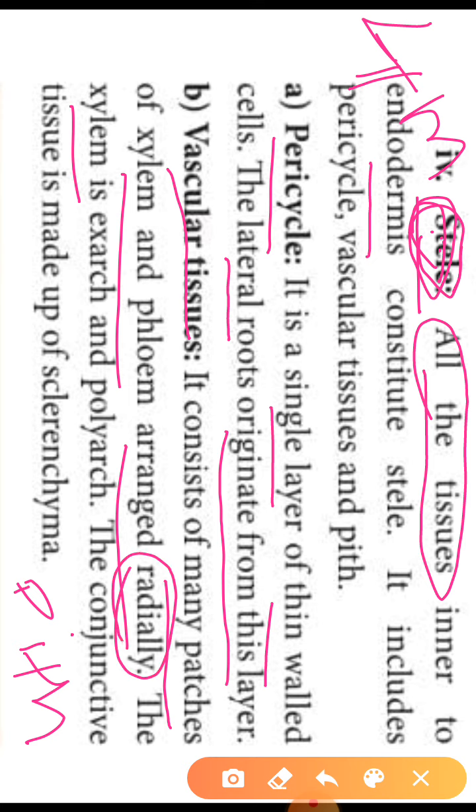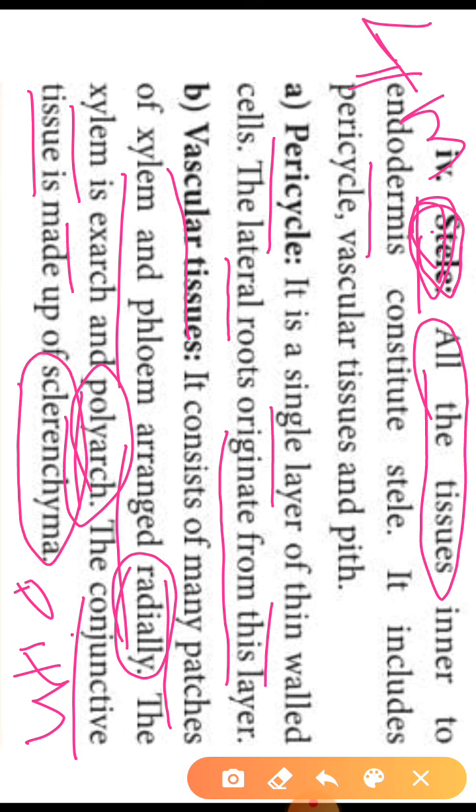The xylem is exarch and polyarch. Exarch means it looks outward, and polyarch means many in cross section. The conjunctive tissue is made up of sclerenchyma.